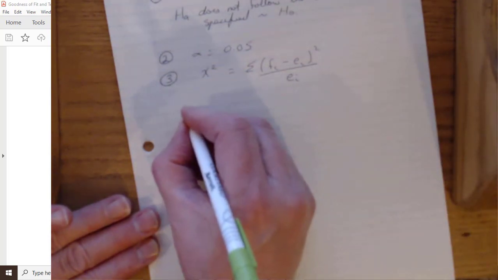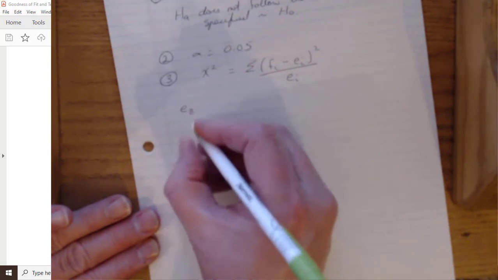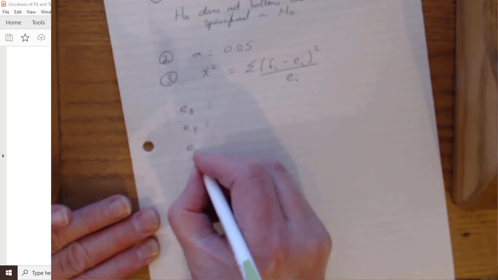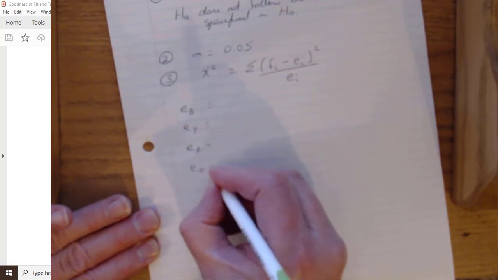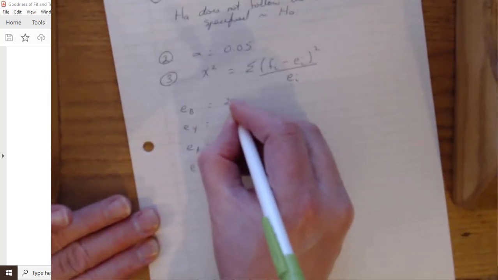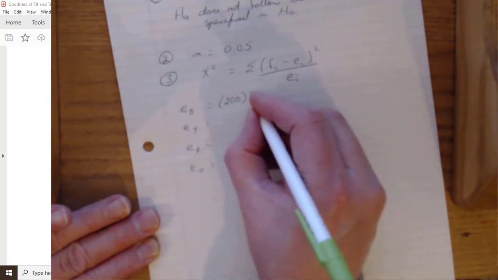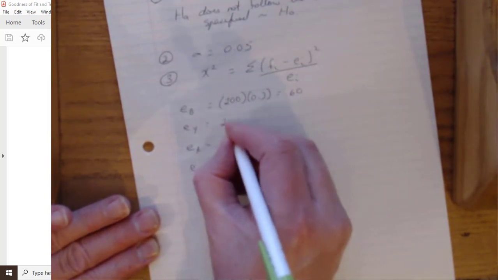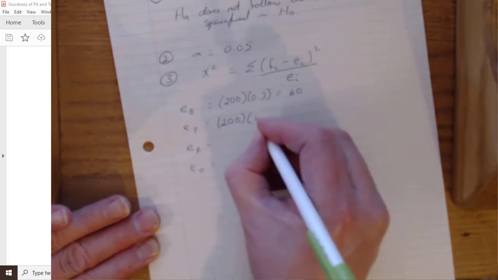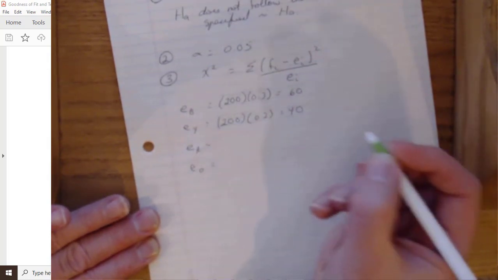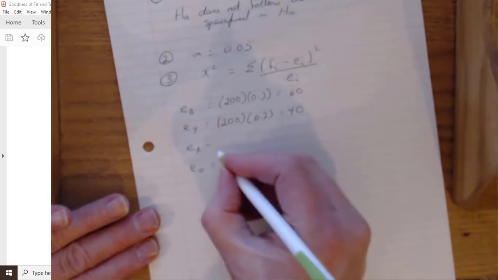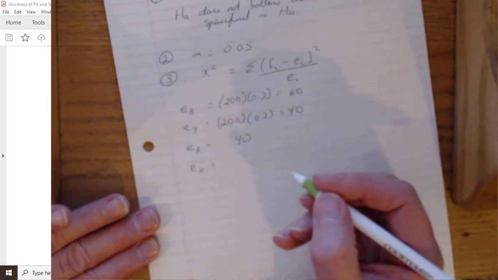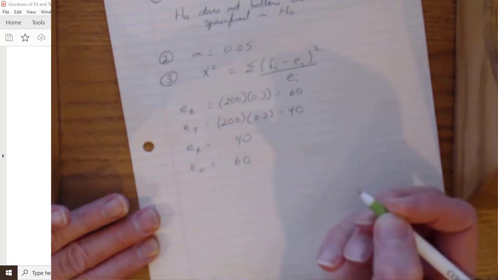The first thing is we need to find the expected number of brown, yellow, red, and others. That's simply n, 200, times the probability of brown, 0.3, which gives us 60. Expected number of yellow is 200 times 0.2, which is 40. The expected number of red is the same as yellow, so 40. And expected number of others, 0.3 times 200, again 60.